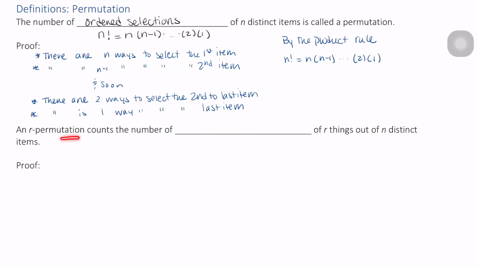An r-permutation counts the number of, again, ordered selections. This time, instead of the entirety of the n distinct things, we're just going to look at r out of the n distinct things or items. And let's prove it. So by the previous definition, there are n factorial ways to arrange the n distinct objects.